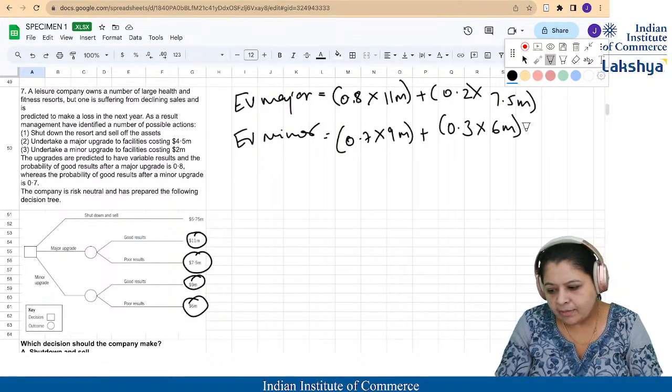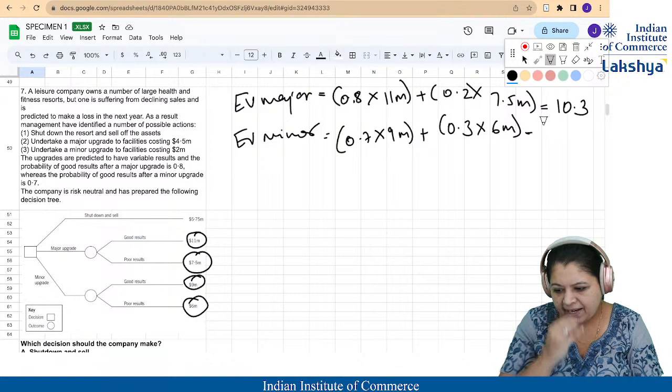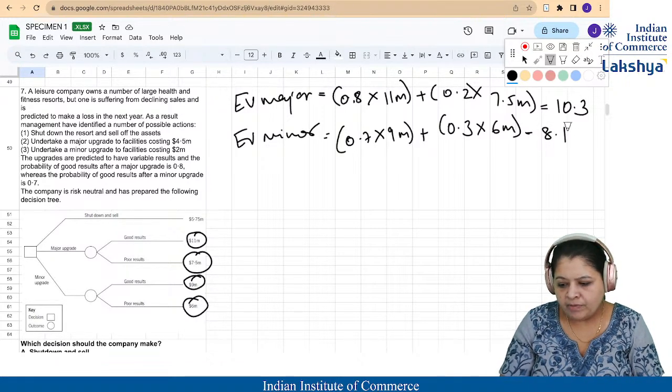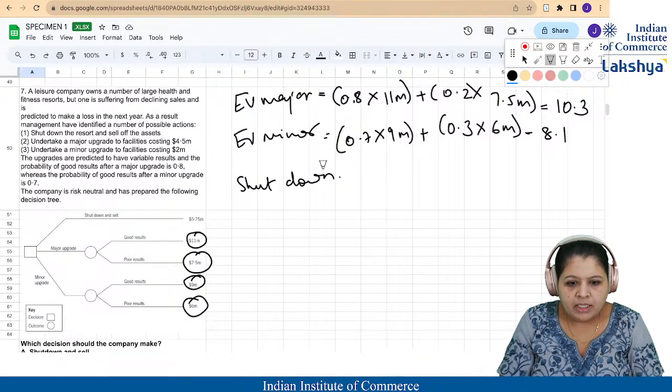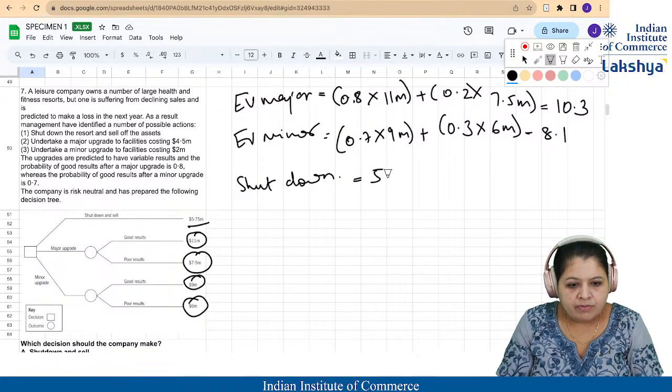Once I get my answers, which happen to be 10.3 and 8.1, I'm going to see what is going to be more beneficial. One is shutdown, which is the company's option to shut down the business. If it does that, the value is 5.75 million.